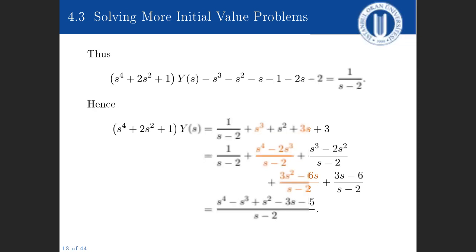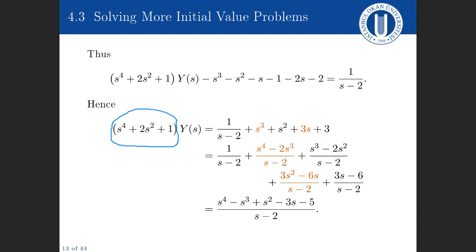Let's simplify this a little bit. That's the same as s to the power 4 minus s cubed plus s squared minus 3s minus 5 over s minus 2. And next I want to take the s to the power 4 plus 2s squared plus 1 and move it over to the right.